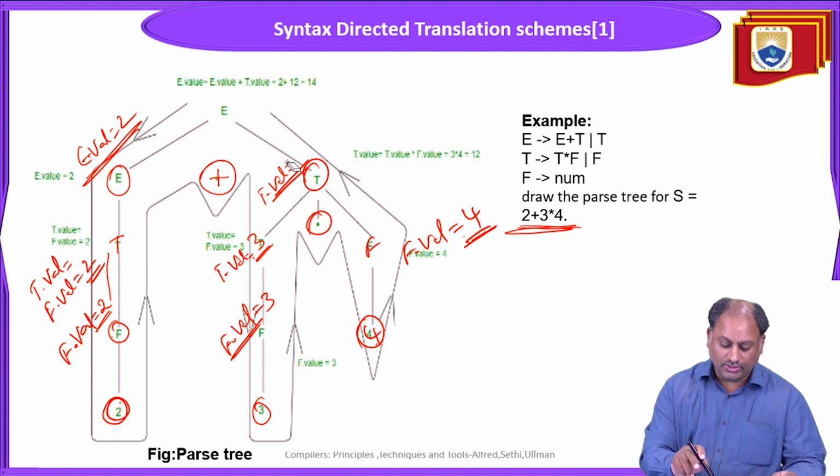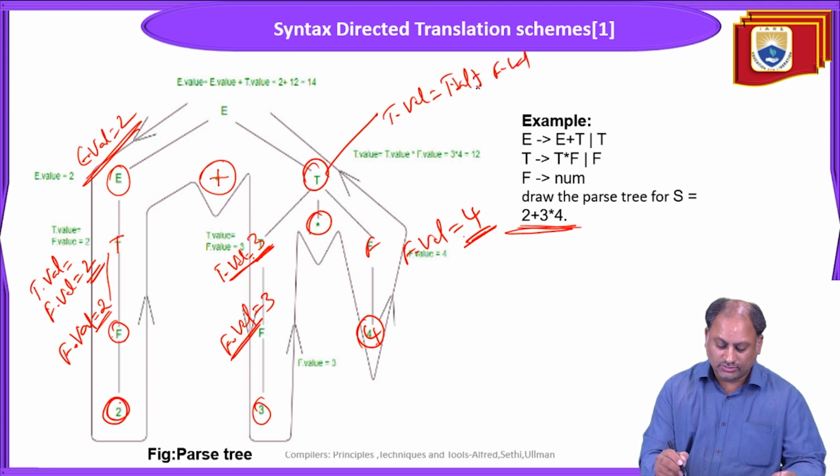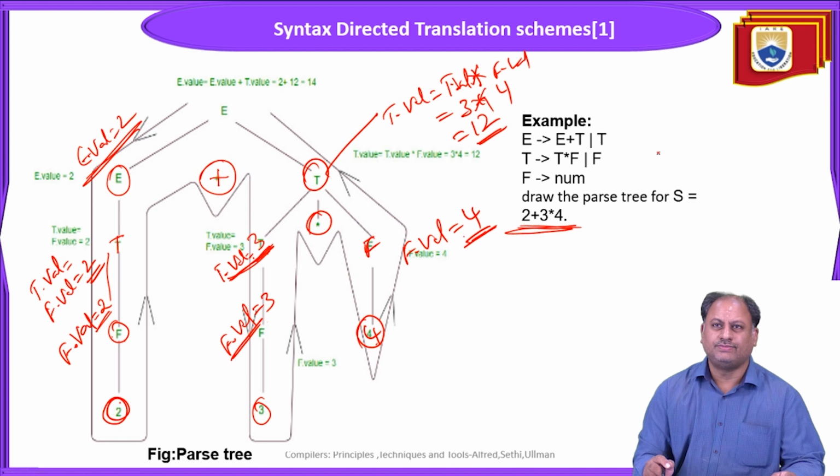Here T dot val equal to T dot val times F dot val. T dot val is 3 star, F dot val is 4. Now 3 star 4 gives the value 12.